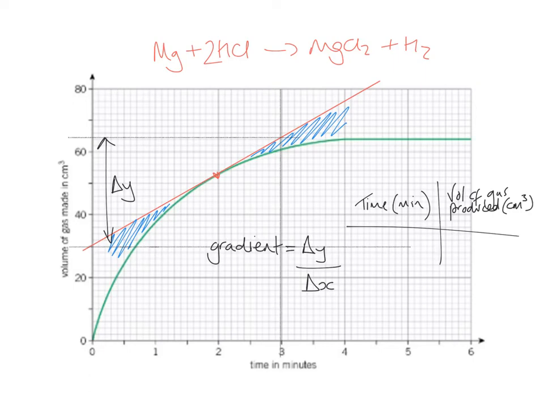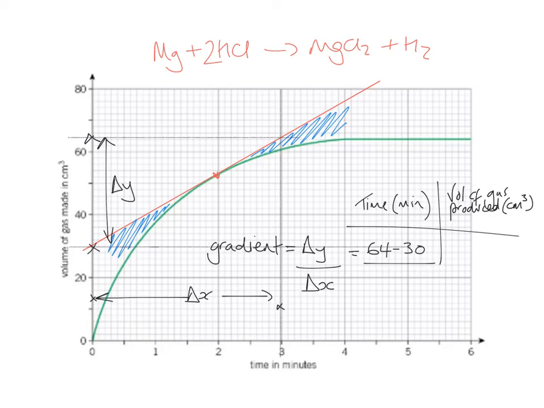And my line at 3 minutes here. And the fact that my tangent that I started to draw my other line was at 0 is my change in x. And so we just read off for the change in y, we read off this value here. So we've got roughly 64. And then the initial value was 30.